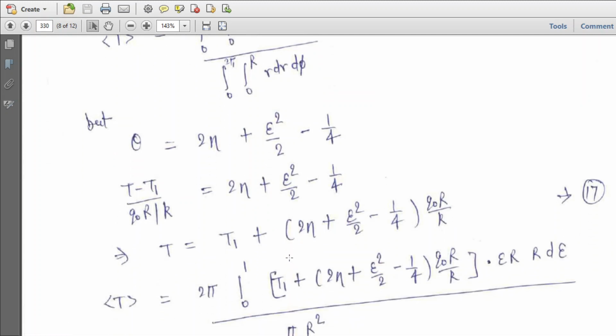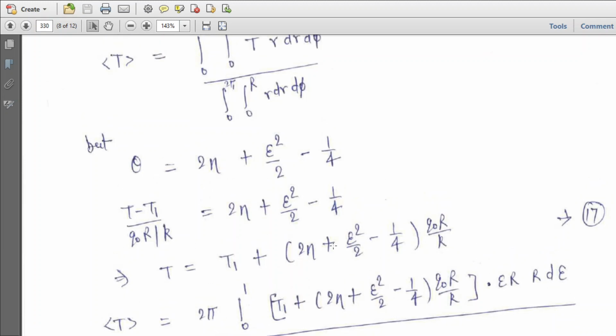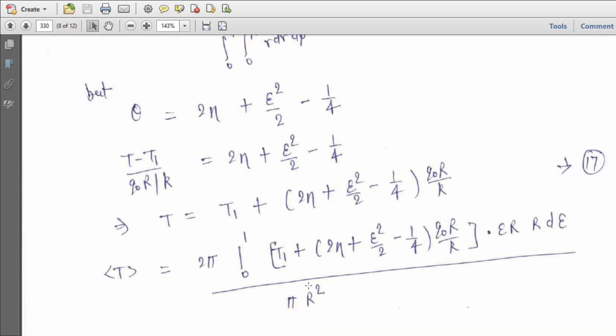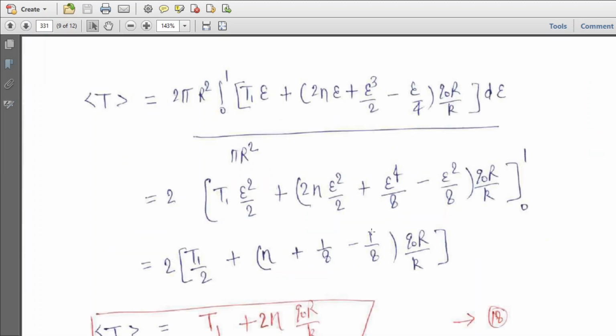Now this expression can be substituted here, multiply r dr into d phi. So this r is here, epsilon R, then you have R multiplied by d epsilon. So this is expression of dr, and d phi is 2 pi, and epsilon is changing from 0 to R, and in denominator you have pi R square. So multiply it inside and integrate it.